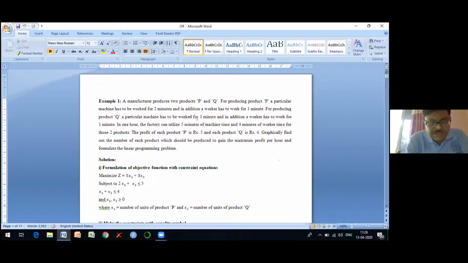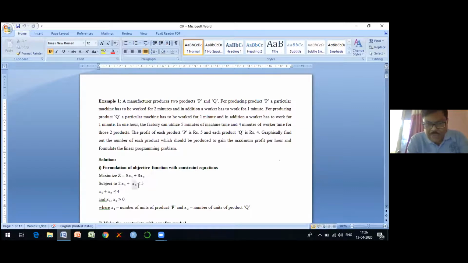So therefore, it is coming 2x1 plus x2. It might be equal to 5 or less than 5, because our maximum capacity is 5.